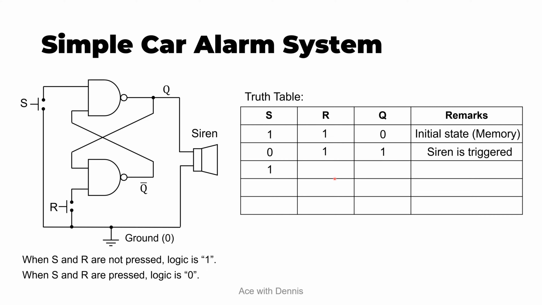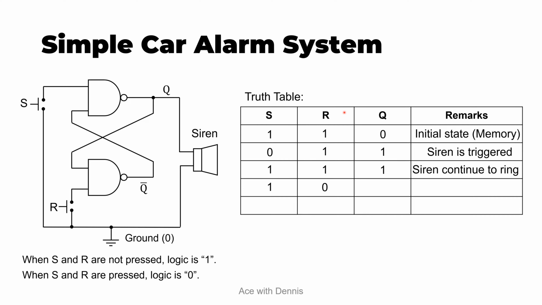Then the intruder tries to turn off the alarm system by closing the door, which means that the set is not pressed and it will be 1. R still remains 1, so it is in the memory state. Q will still remain as 1. Hence the siren will continue to ring.